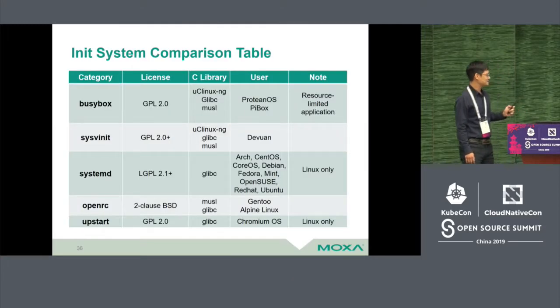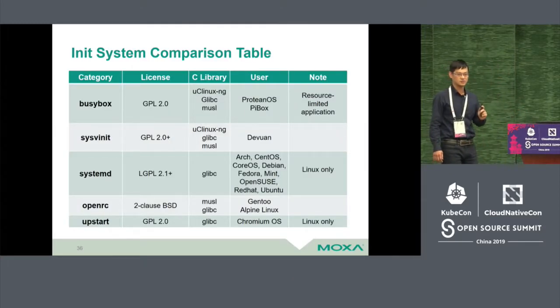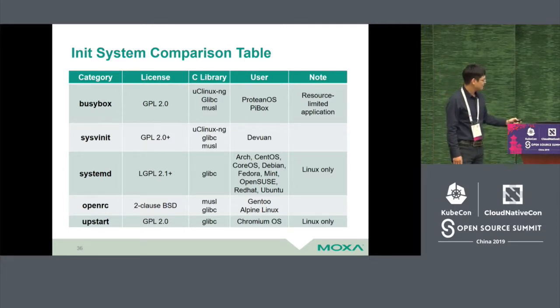Okay, next, the init system. The init system is the first application which will be executed by the kernel. It manages the applications and services. There are some open source tools here, for example BusyBox, SysVinit, systemd, and OpenRC. Typically, in the past, embedded systems used BusyBox because it's very tiny and easy to use.